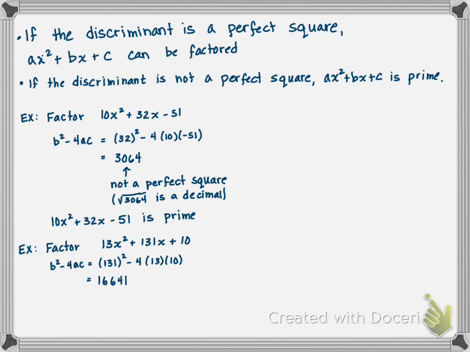So everybody else got it? It's not pretty, but what do you get when you take the square root of it? You get 129, right? So is that a perfect square? Yep.